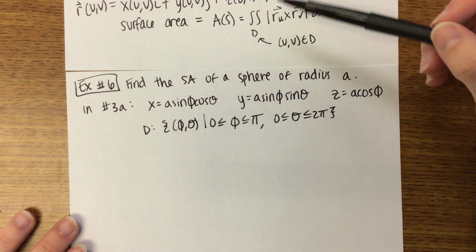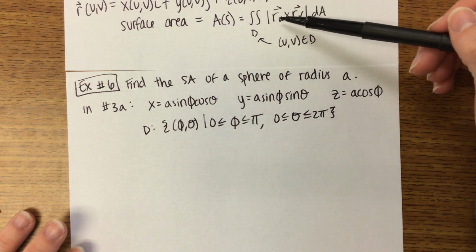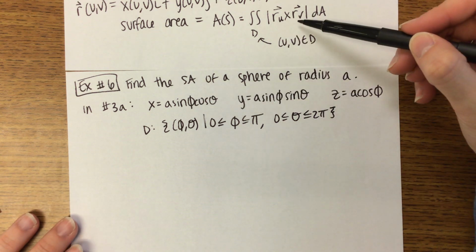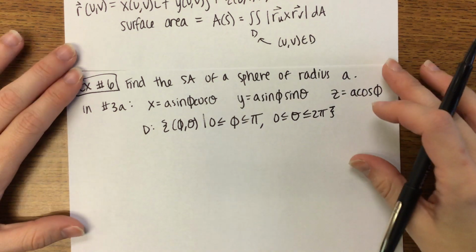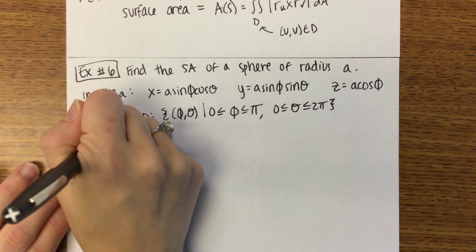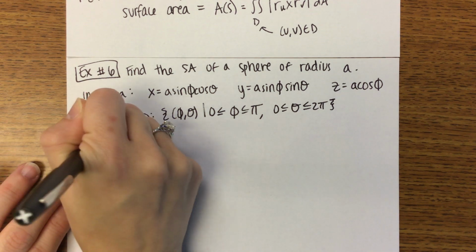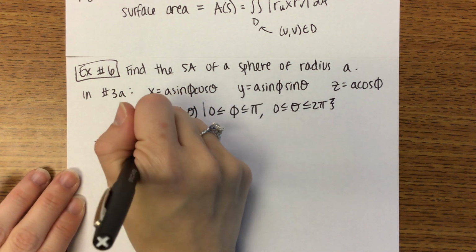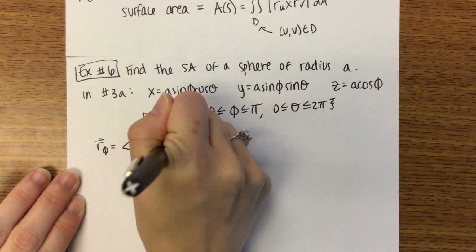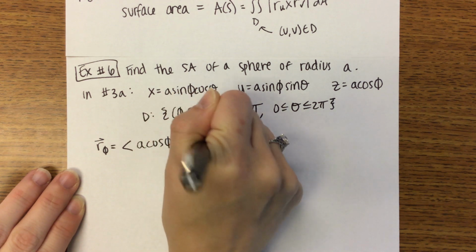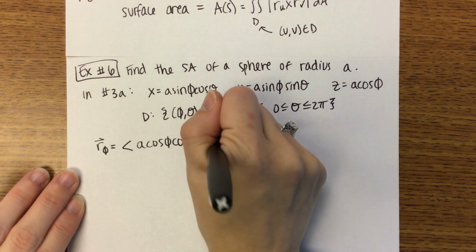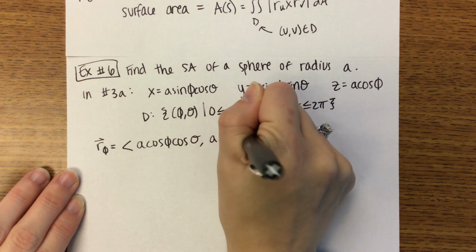So we are going to have to take the derivative of r with respect to u, in this case either phi or theta, and then the other one as well. I chose to do phi first. So this will be a cosine of phi, cosine of theta. This will be a cosine of phi, sine of theta.